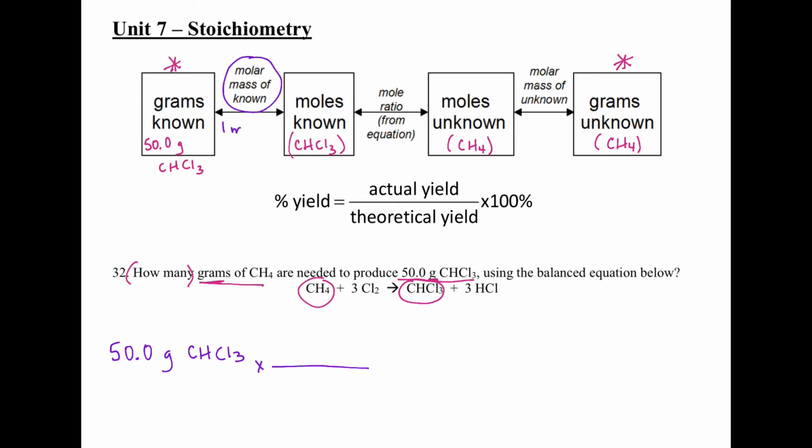So we'll say that 1 mole of CHCl3 equals, if we calculate the molar mass for that, the mass of carbon from the periodic table, which is 12.01, plus the mass of hydrogen from the periodic table, 1.01, plus the mass of chlorine, 35.45 times 3. So if we do all of that, we'll see that our molar mass is about 119 grams.